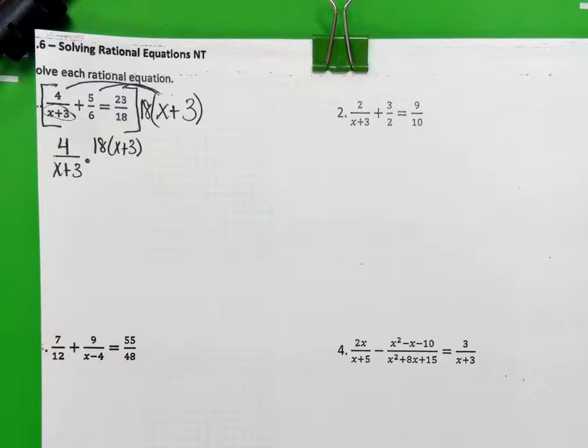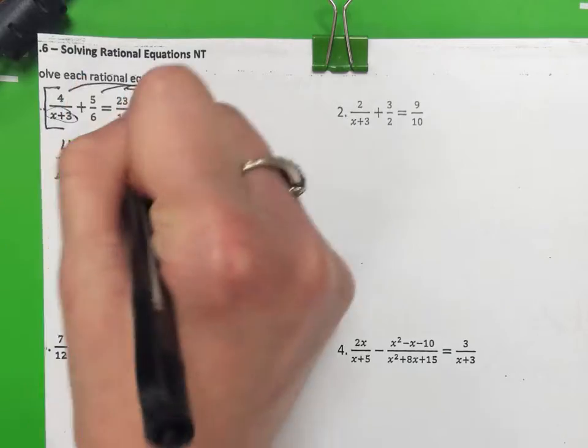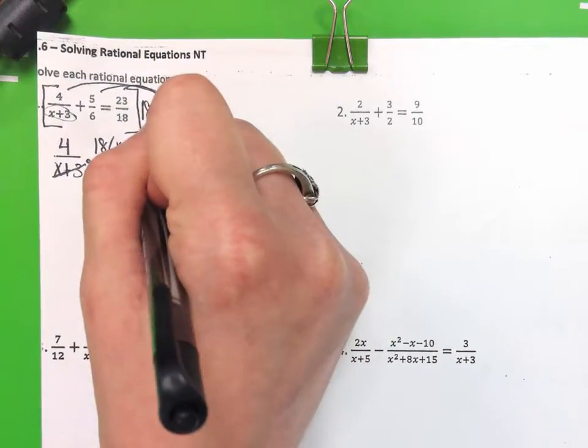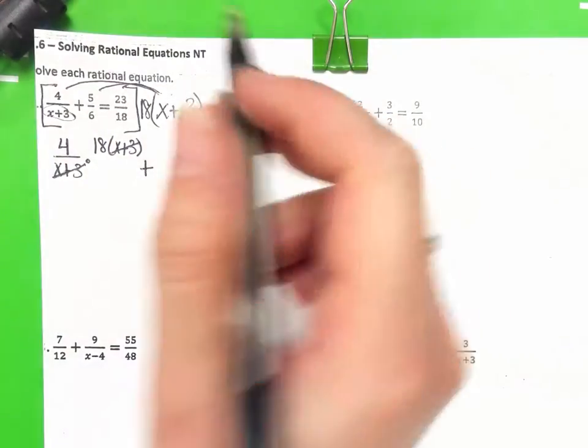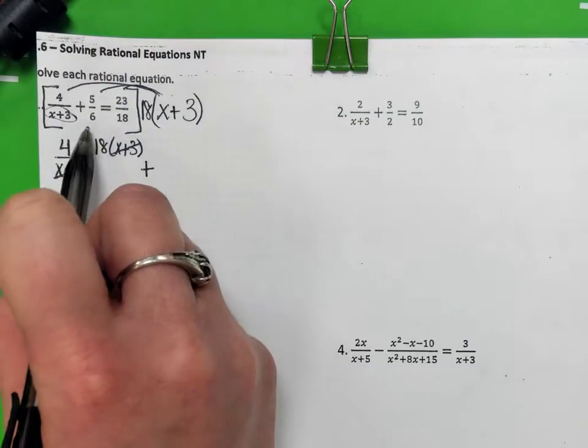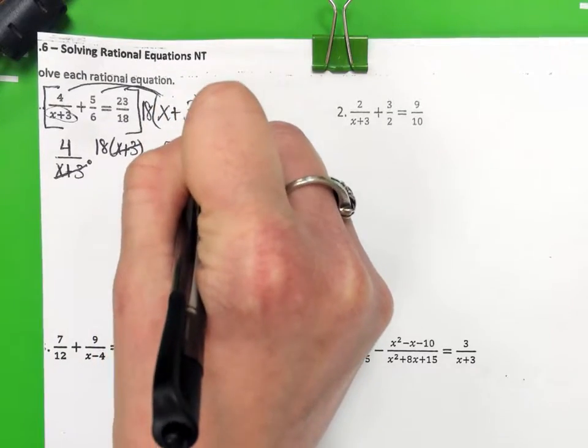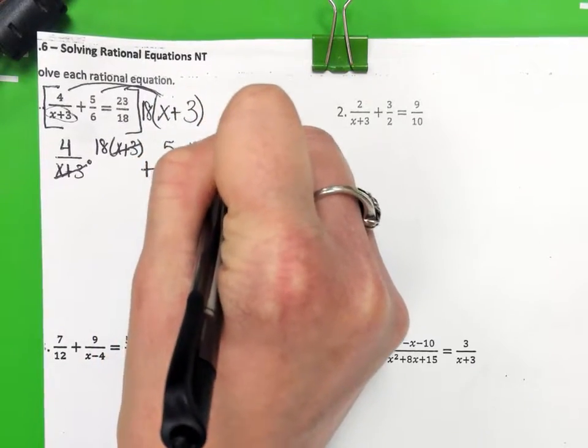So if we're multiplying, what gets to happen? There you go. If you're multiplying, those can cancel out. All right, then plus, we're going to take the next fraction. The next fraction is 5 over 6, and we're going to multiply it by 18x plus 3.